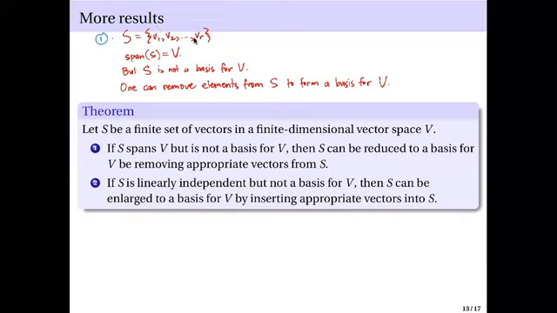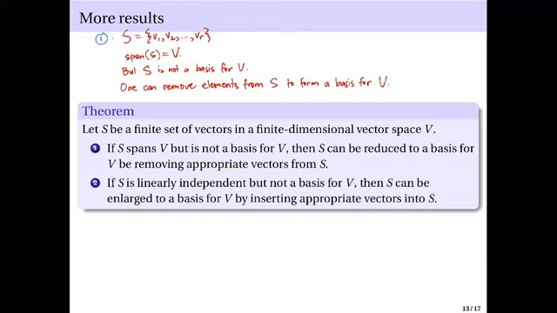So you removed one of the vectors. Okay? And then once you have removed something, check if it is a basis. Okay? If it is not a basis, again, remove another one. If it is already a basis, then you stop. Okay?